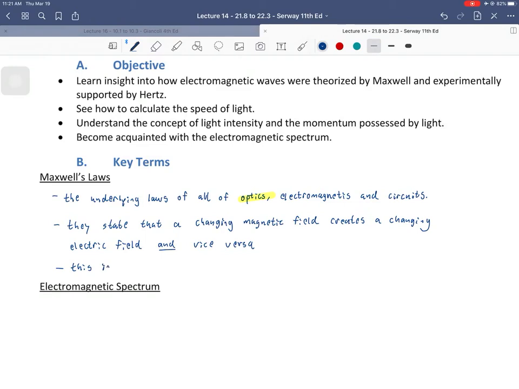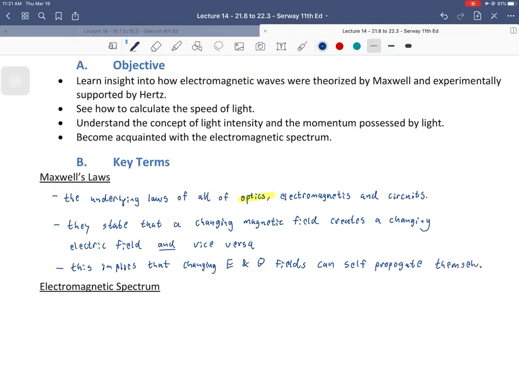This implies that changing E and B fields, so electric and magnetic fields, can self-propagate themselves. And that might feel like a bit of a stretch. It's meant to be.